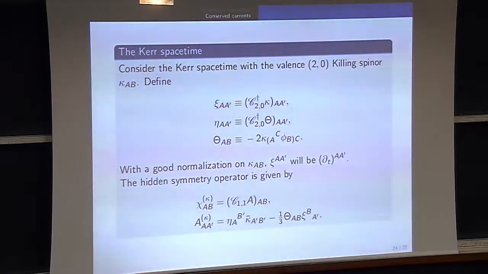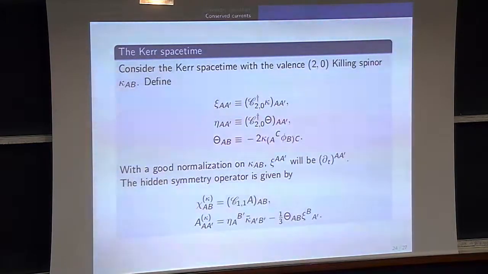So we can build psi here, which will be a Killing vector, and it will actually be the ∂_t Killing vector field if we normalize kappa in the right way. We have the theta, which I described before, which just contains the extreme components of the field. We also define now an eta, which is curl dagger of this theta. And so this is just a first order expression in the field.